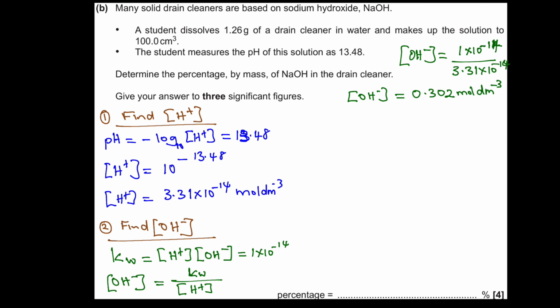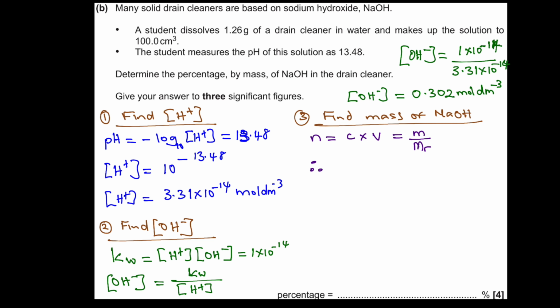Now that we've found the concentration of OH-, we can find the mass of sodium hydroxide. So number 3 will be to find the mass of sodium hydroxide. To find the mass, we know that mole equals concentration times volume, and that mole is also equal to mass over relative molecular mass. Therefore, the mass will be concentration times volume times relative molecular mass.